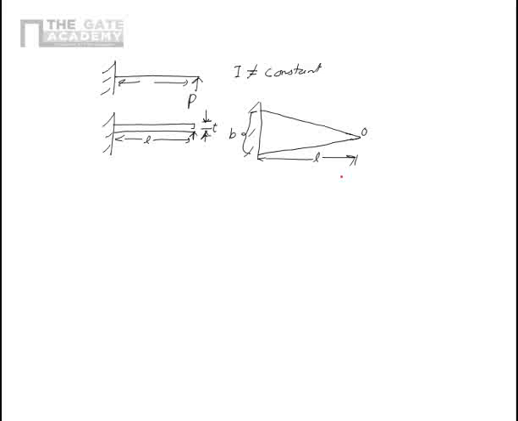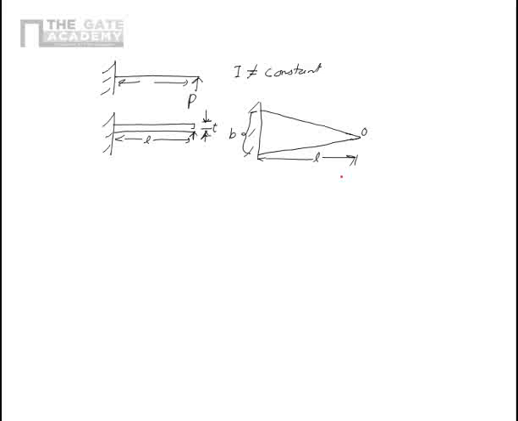If you remember an aircraft, the aircraft wings are like this only. The wings are not constant in width. They are maximum where they are attached to the body of the aircraft, and they drop down to a smaller number at the tips or the ends. So this is exactly the same problem which is from the wing design.